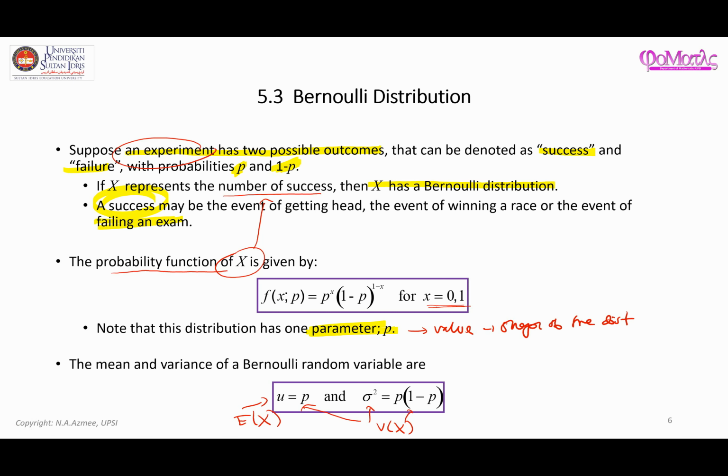So this experiment where you have only two possible outcomes can simply be represented in this tree diagram, where at this point you conduct an experiment, and out of this experiment there are only two possible outcomes. So here is success and here is failure, and the probability of success is given by P, and the probability of failure is given by 1 minus P.